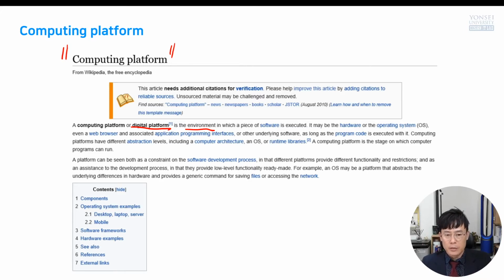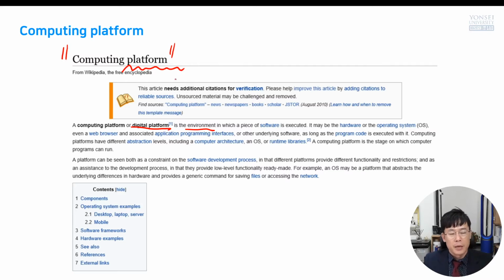That's your default computing environment nowadays. So anyway, the important thing is that a platform is a basis for developing your own computing or digital environment or applications. Okay, that's one big difference.